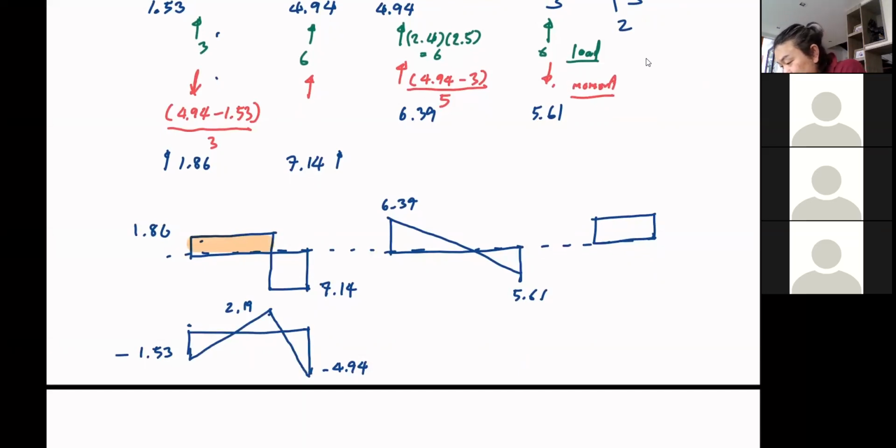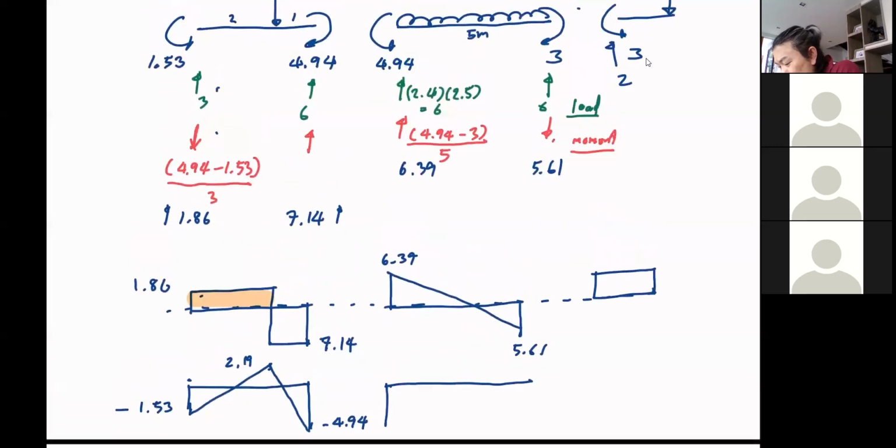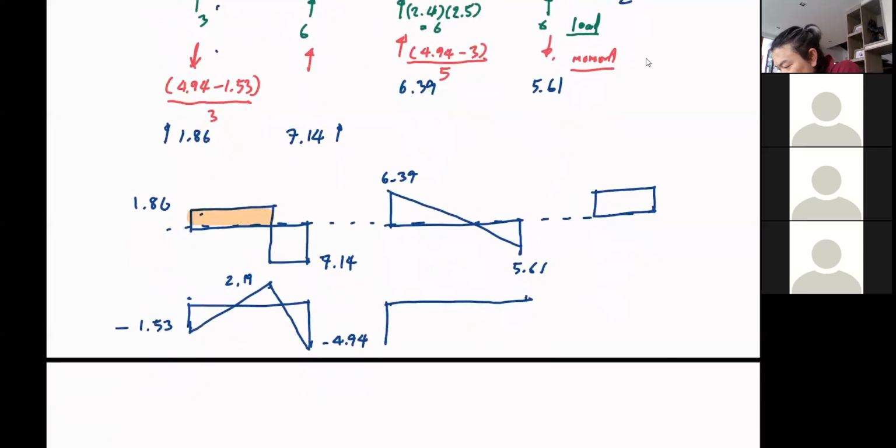And then you move, that's a point load. So the bending moment diagram is like that. This is the same, minus 4.94. This is the negative moment equal to minus 3. And then you're going to have bending moment diagram like that. This value again comes from this area.